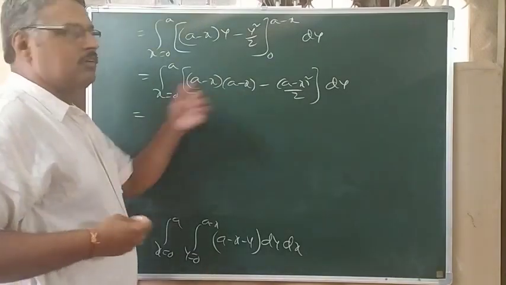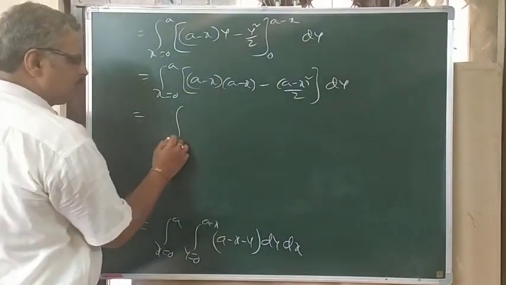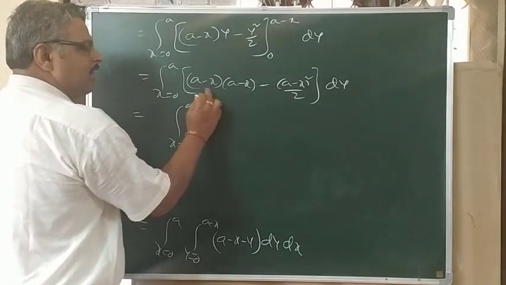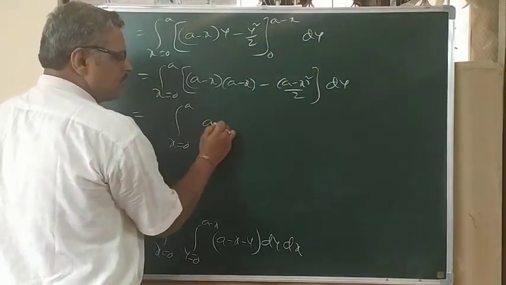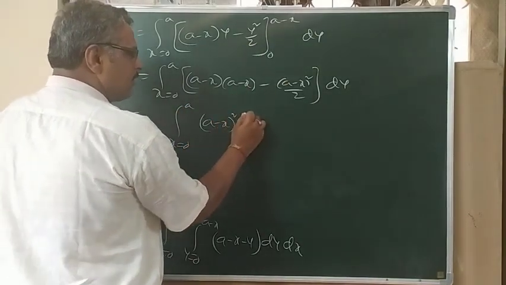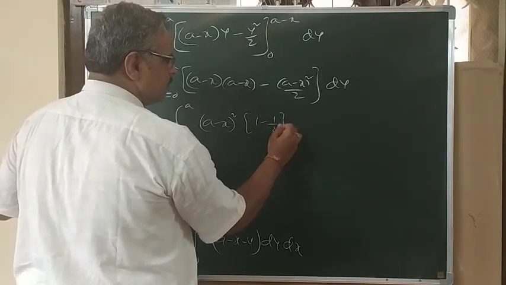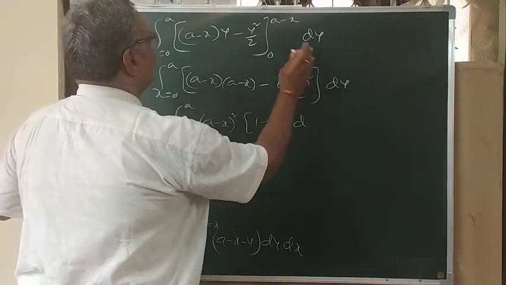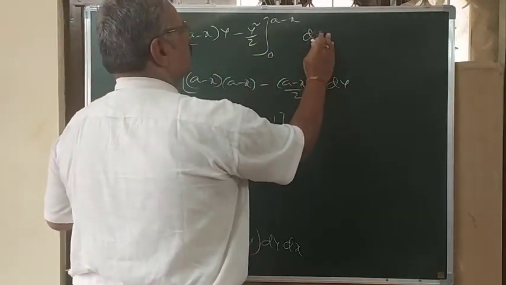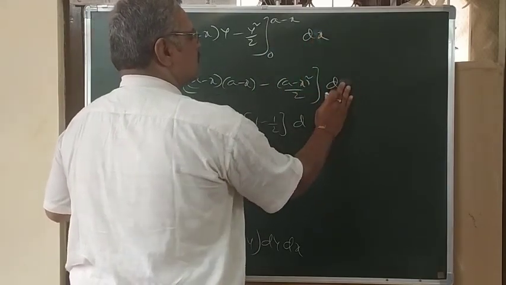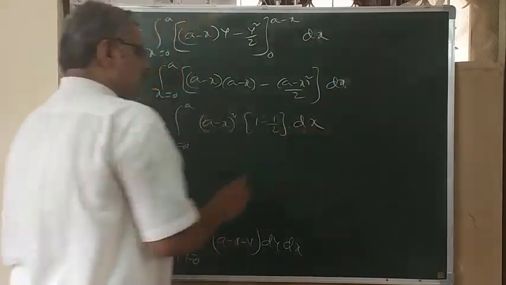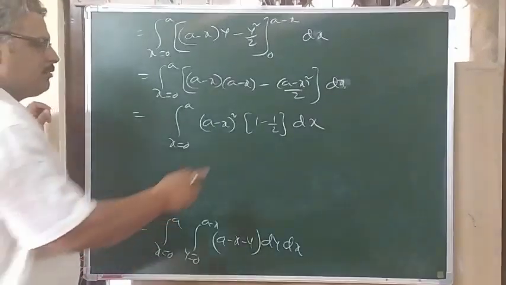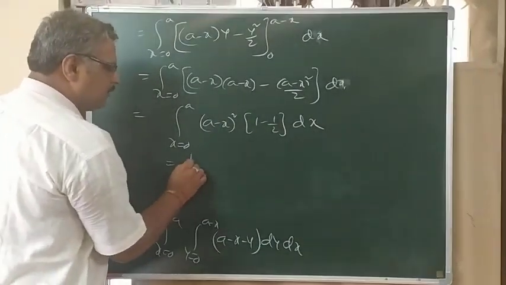Now (a minus x) whole square is a common term. So 0 to a, (a minus x) whole square into (1 minus 1 by 2) dx. Now 1 minus 1 by 2 is 1 by 2.